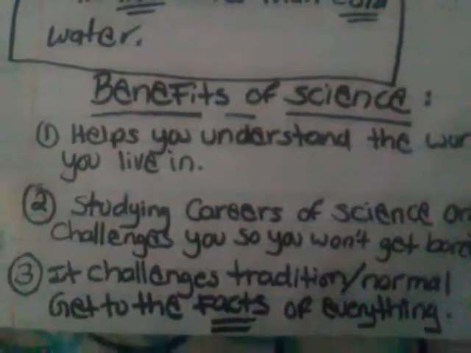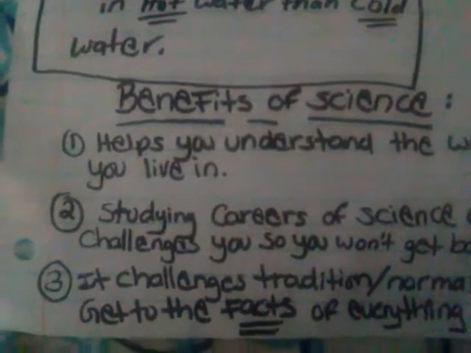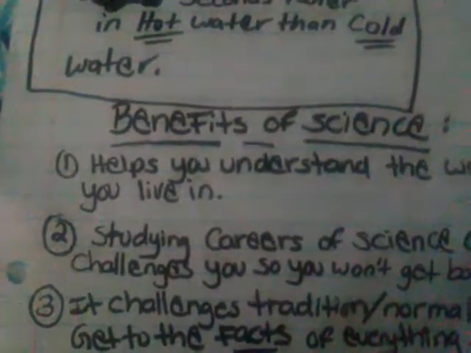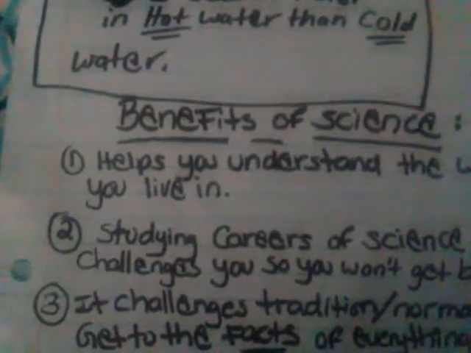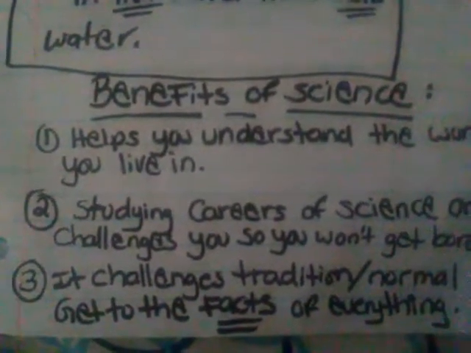Anything that you see as a normal way of doing something, you always try to find another way, or you try to find out whether this is the fact about that specific thing that everybody's been doing.